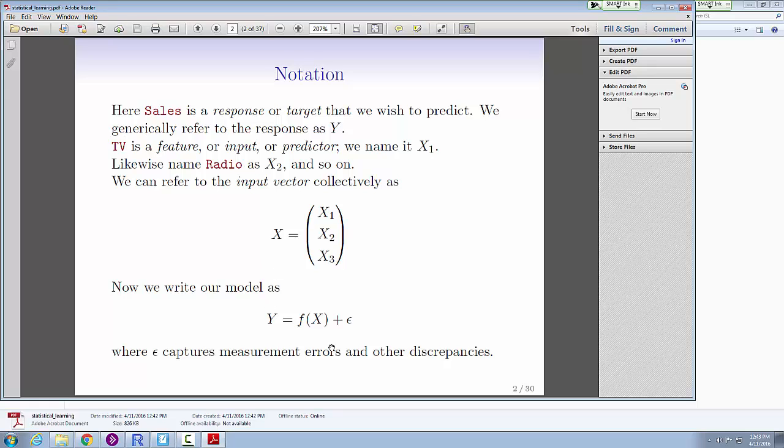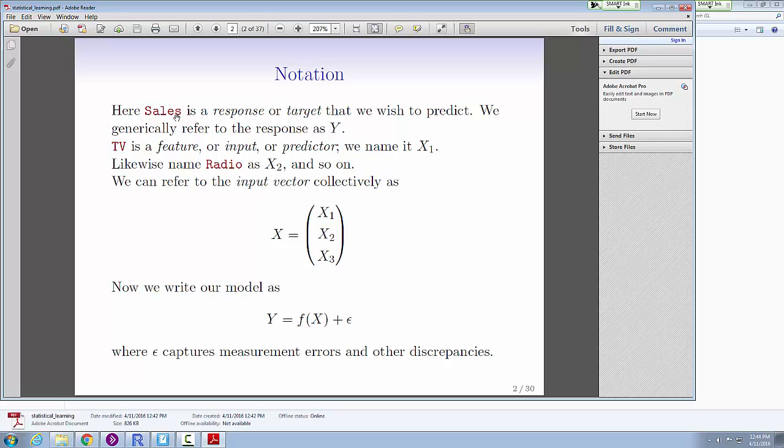We are going to think in terms of a model, a statistical or probabilistic model for some response variable, Y, which could be numerical or categorical, in terms of some input variables. So the authors are going to use X as the indication of input variables, predictor variables.